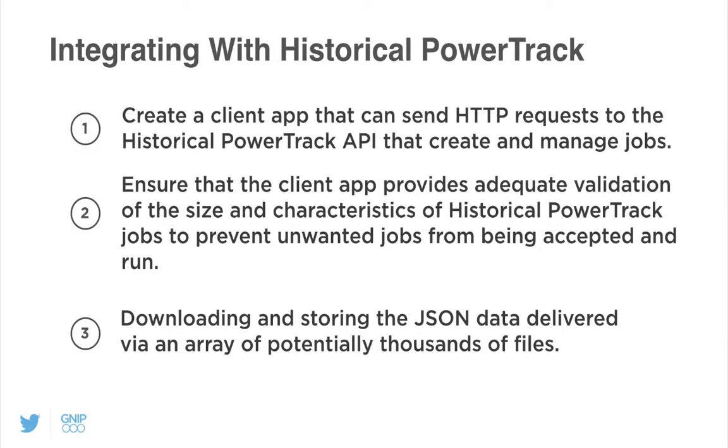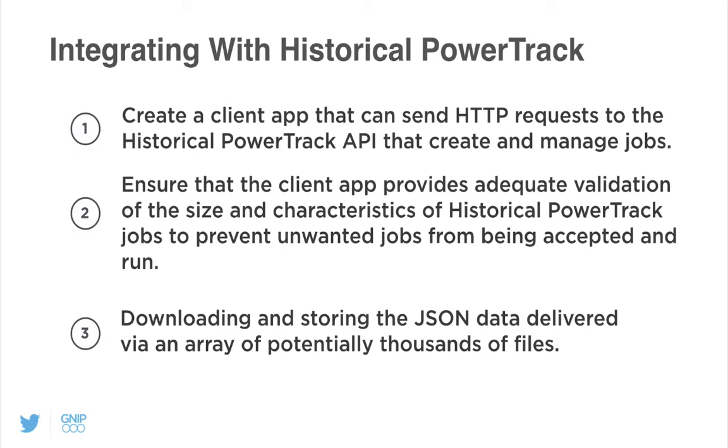Finally, if you are building an integration with the API, here's a short list of functionality you'll need to include. These are general design goals but should help inform the development efforts necessary. First, you'll need to create a client application that can send HTTP requests to the Historical PowerTrack API that creates and manages jobs.